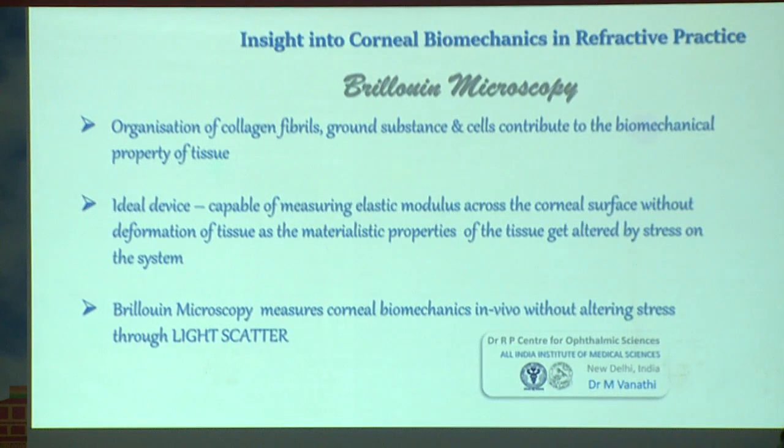What is now evolving in our understanding of corneal biomechanics and imaging of the corneal collagen is that it is said to be more precise and more revealing with Brillouin microscopy, which looks at the organization of the collagen fibrils.